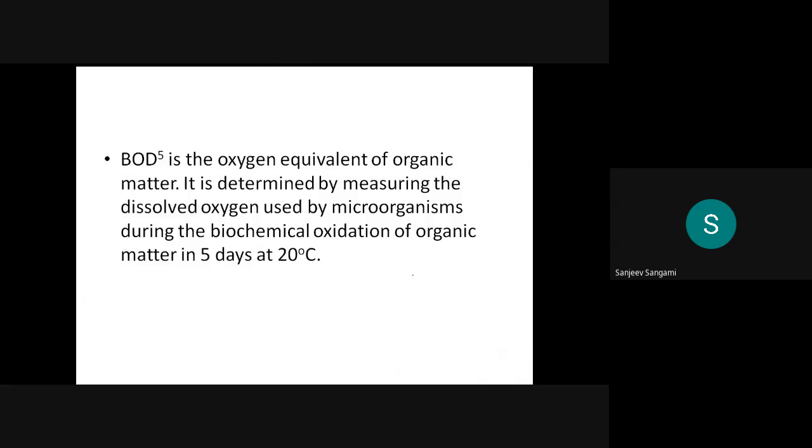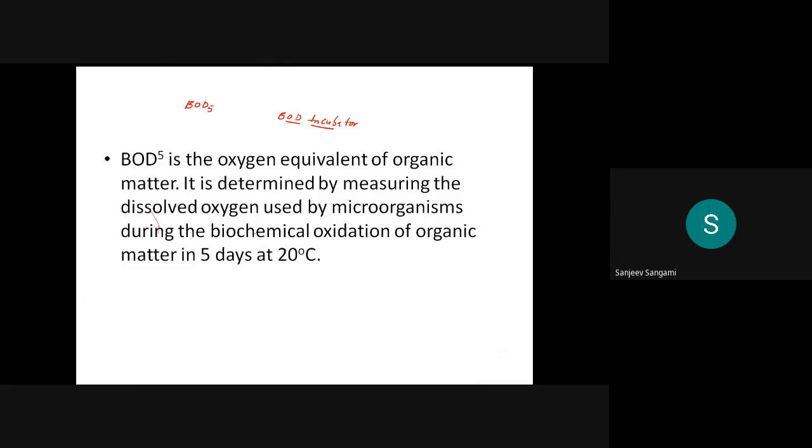BOD5 we will write in this way. It means it is 5 days. We are keeping the sample in the BOD incubator. Normally for this experiment we will use the BOD incubator, and we'll keep all the samples for 5 days.